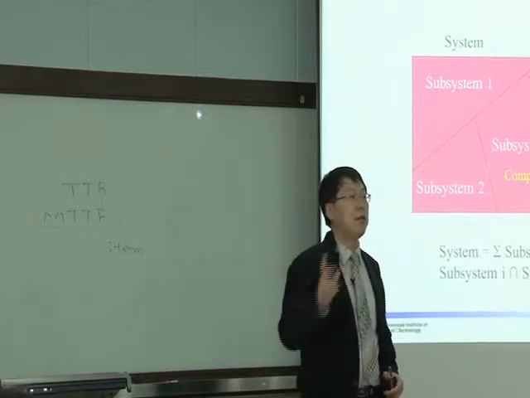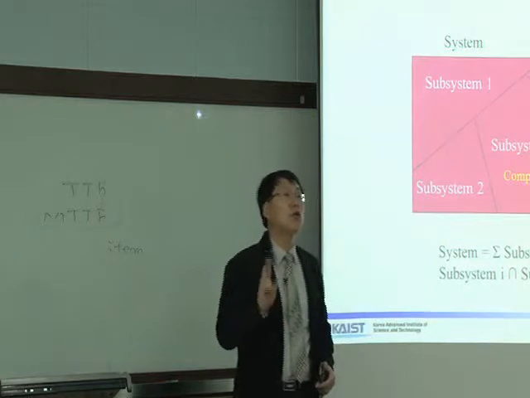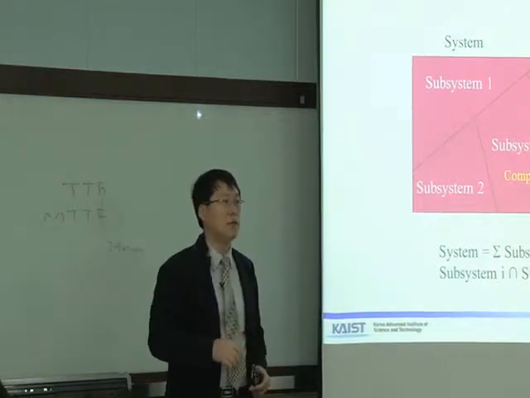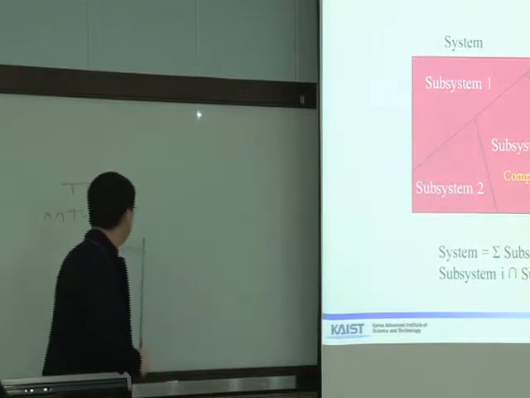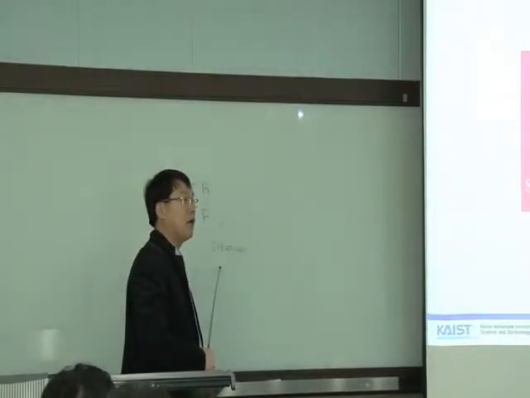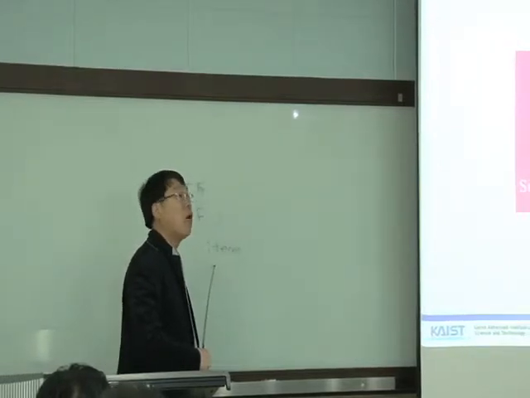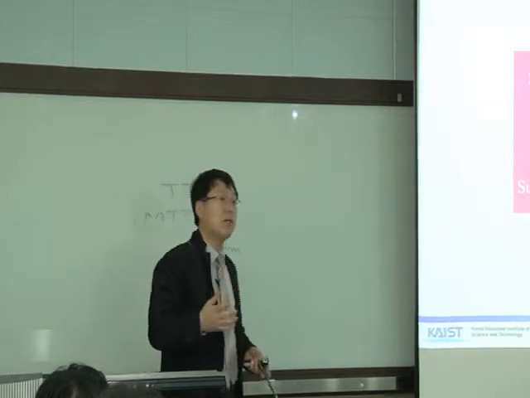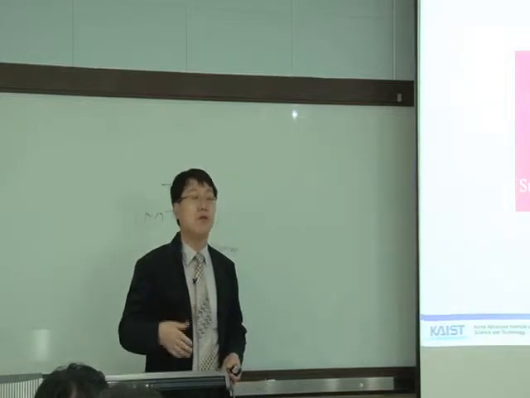But in system reliability engineering, only two have meaning, system and item. So if you find this term, item, you may regard it as component. Sometimes we use subsystem, but the term is only for convenience.